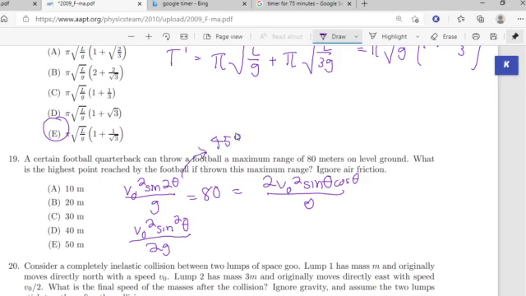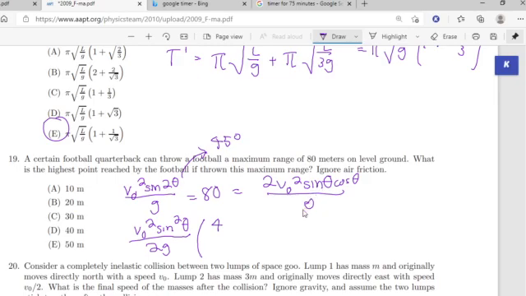Actually, yeah. Okay, so that means that the angle has to be 45 degrees. Okay, and we know then that we just have to multiply this by 4, and shoot, okay.